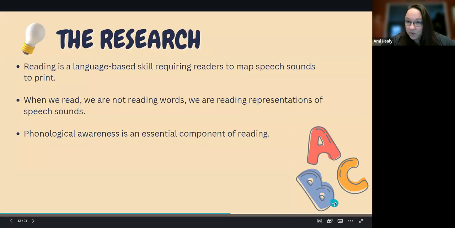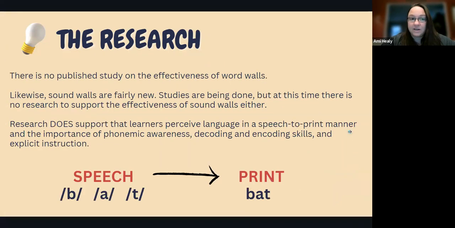As far as word walls, if we go onto the next slide, there is actually no published study on the effectiveness of word walls, which I find very fascinating. There's a lot of research out there, but nothing that has been peer reviewed showing the effectiveness of word walls.